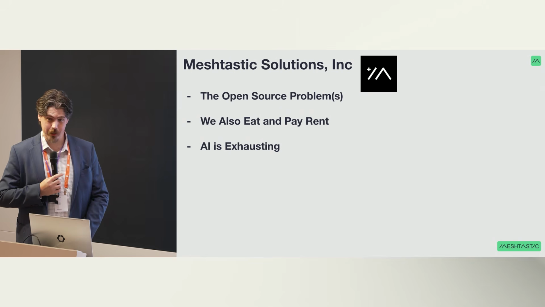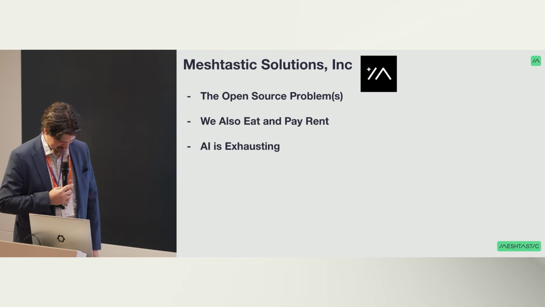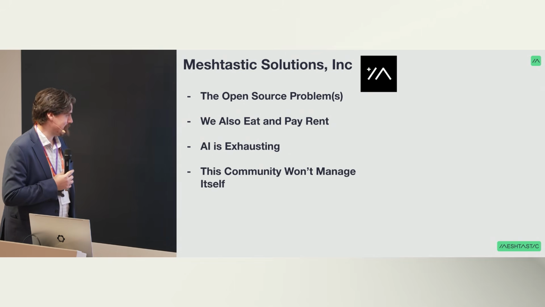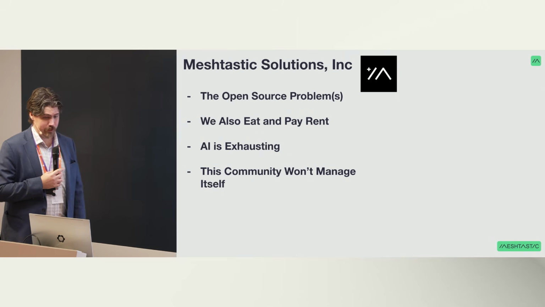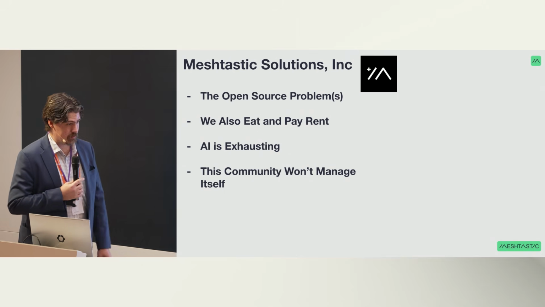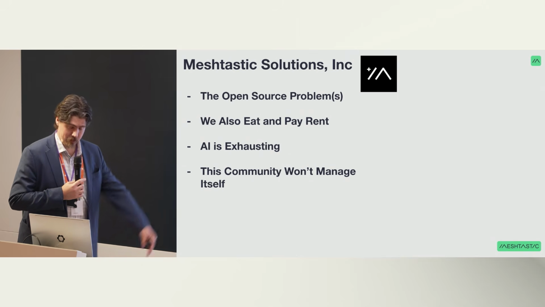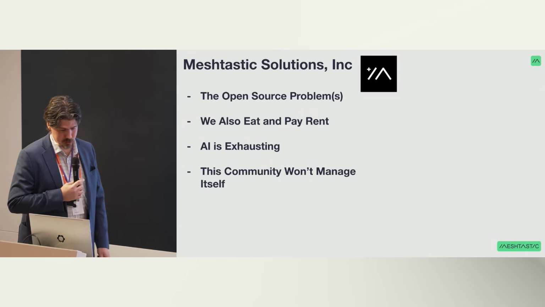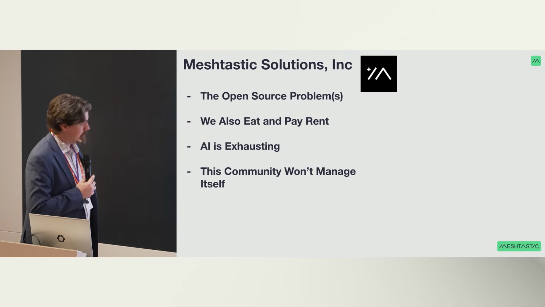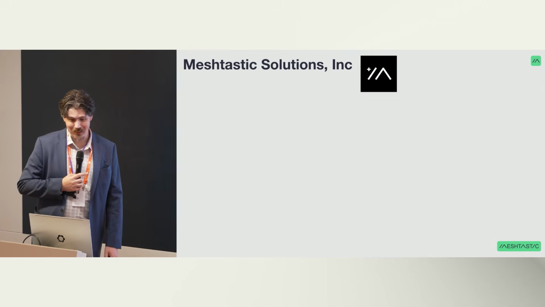I was just playing around in the code base. Thank you for that. And also, this community doesn't manage itself. There is occasionally the need to, at the very least, kick the crypto scams out of the Discord channel. And someone has to deal with that.